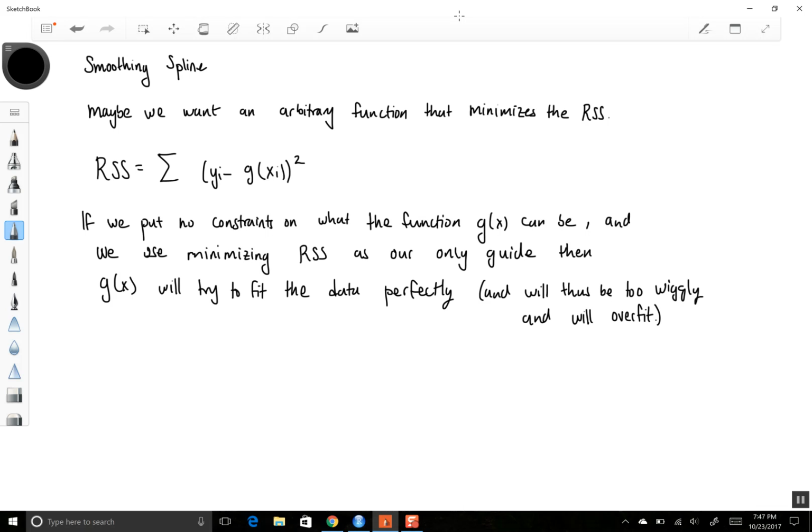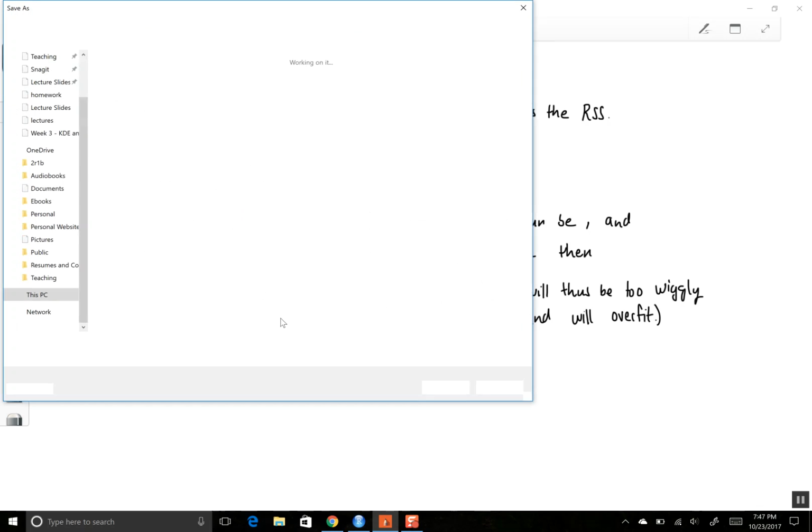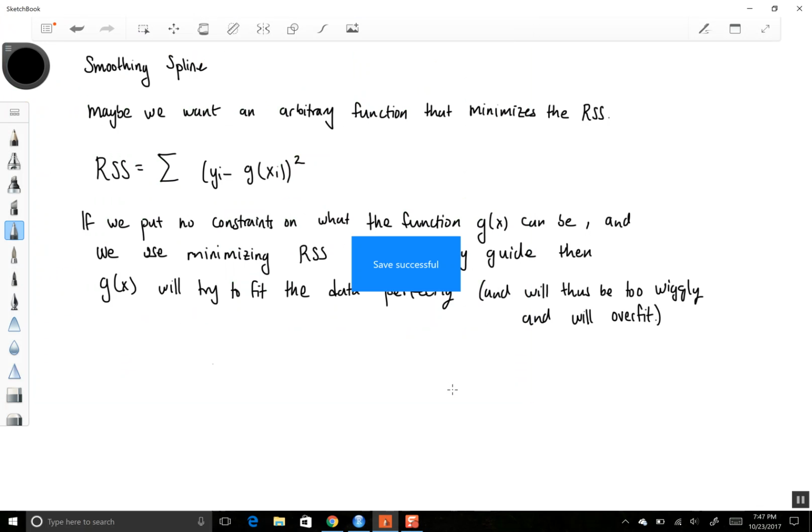So what can we do to address this? Again, we haven't even mentioned the form of g of x, but to address this, we can introduce a penalty for how wiggly g of x is, or how smooth or how rough g of x is.